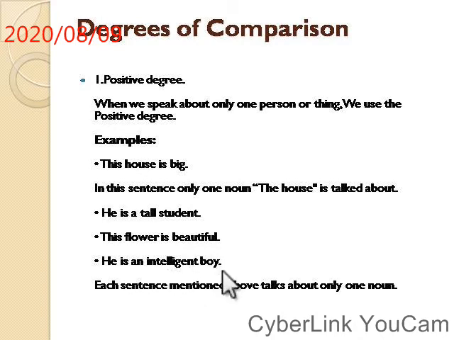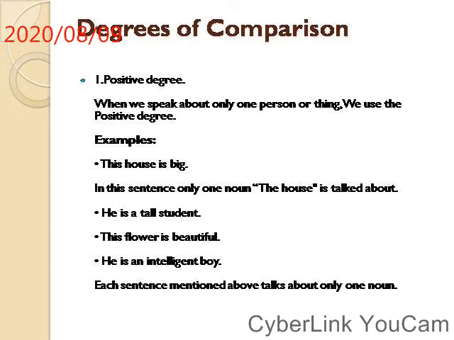I would love an intelligent boy. Each sentence talks about only one noun. So how many nouns are there? Only one noun. There is no comparison. Okay, we are saying that the things are big, tall, beautiful, intelligent, but there is only one noun here.